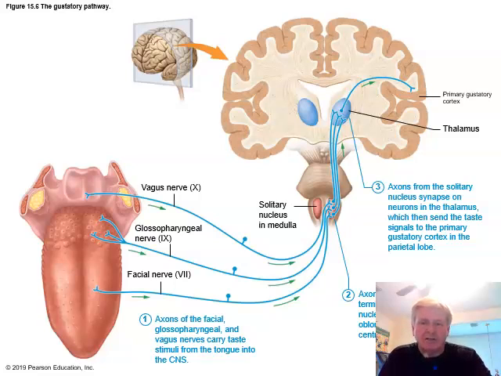Then they synapse on those central sensory neurons, which interact with the second order neuron, which takes the impulse from the solitary nucleus to synapse on neurons in the thalamus. Then they send the signal to the primary gustatory cortex in the parietal lobe. Taste information also goes to the insula, but that will serve the internal organs.